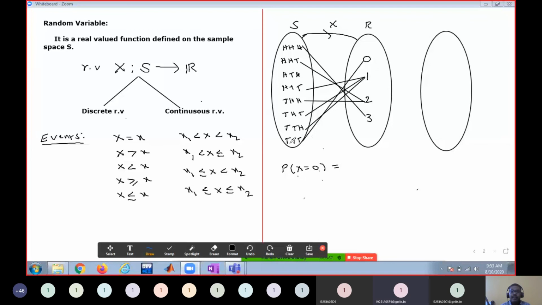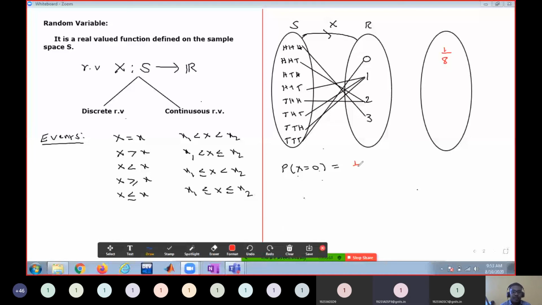It is only one point. Therefore, it is 1 by 8. So out of 8 possibilities, there is only one possibility for no head. So this is 1 by 8.